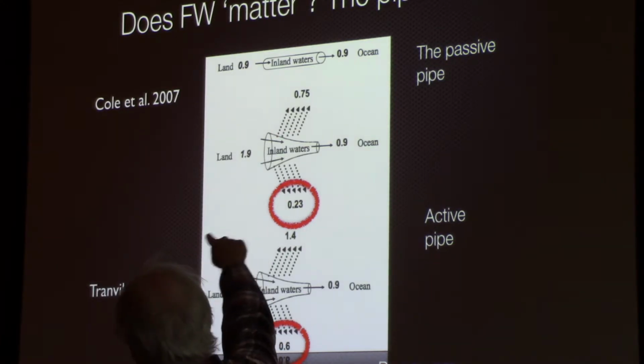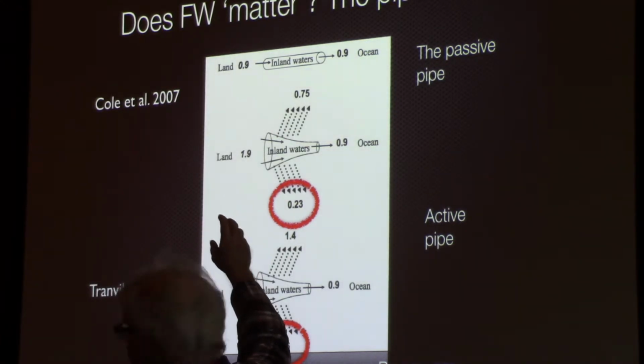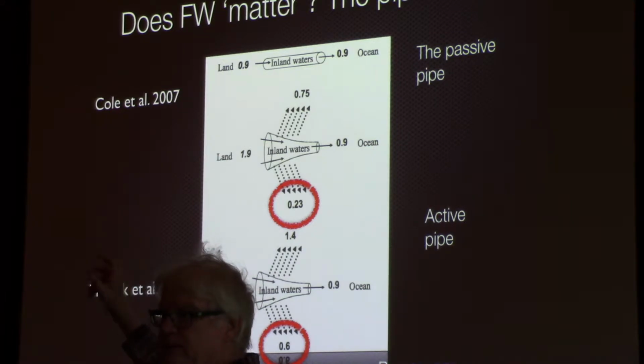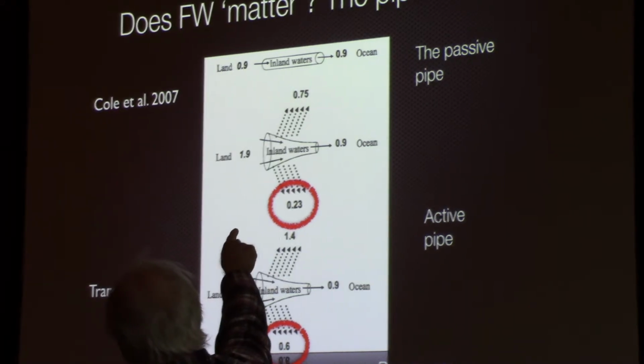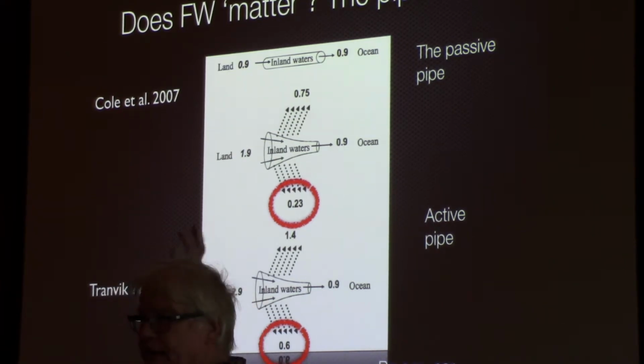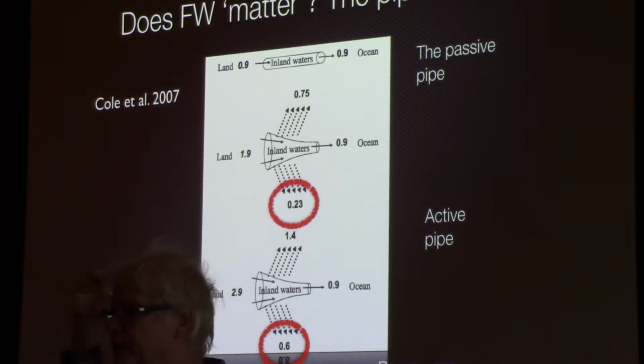So the top diagram there basically shows a null model. It says, basically, we know if you look at that number on the right, 0.9, that's the amount of carbon that's transported from land to the oceans every year. And that number is pretty well known.